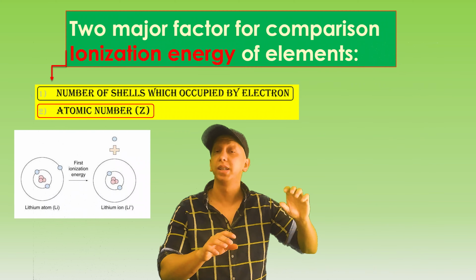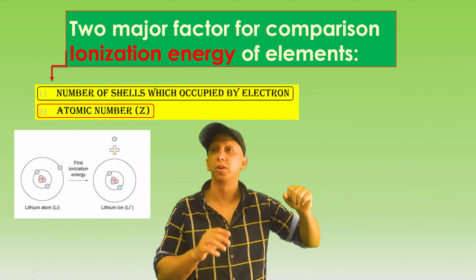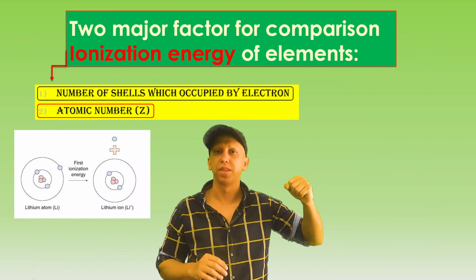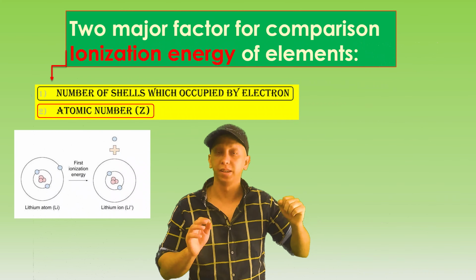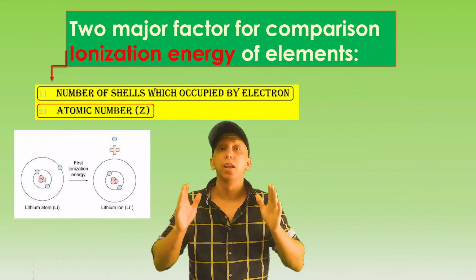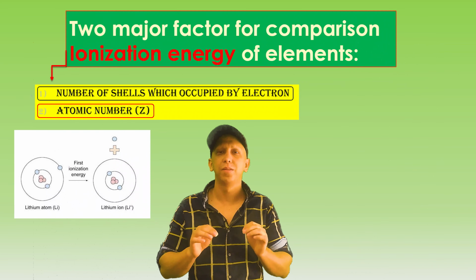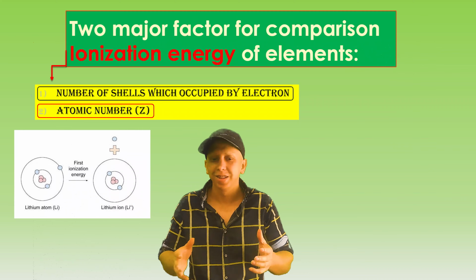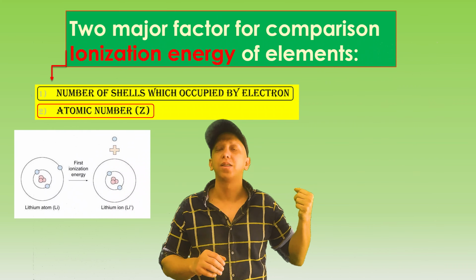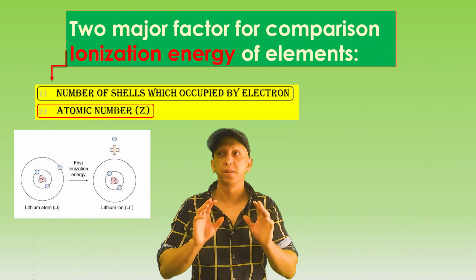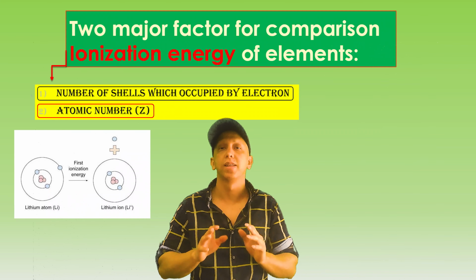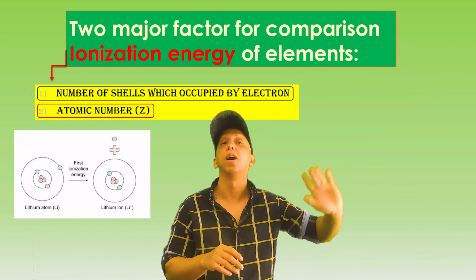And separating that electron, the furthest electron, from the atom is easier. So the bigger the atomic radius, the lower the ionization energy will become, because separating the electron from the atom will become easier, because it's the proton that doesn't let the electron escape from the atom.